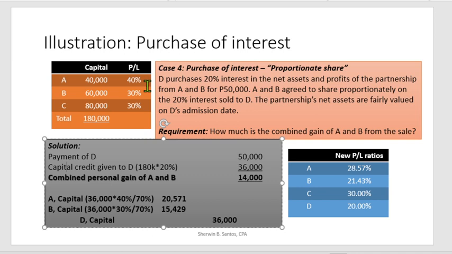So, 30% minus the quantity of 20% times 3 over 7. So, yun na ang new profit and loss sharing ratio. When you compute, you try computing it on your own, you should be arriving at A, 28.57% and B, 21.43%. So, total of 100% yan.